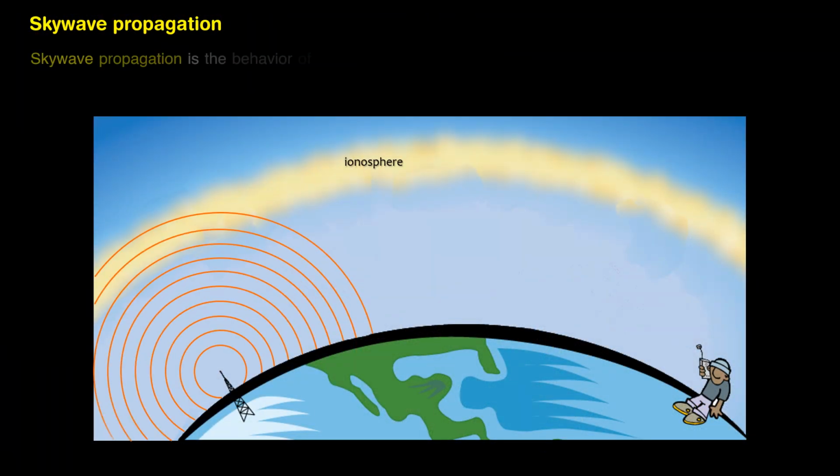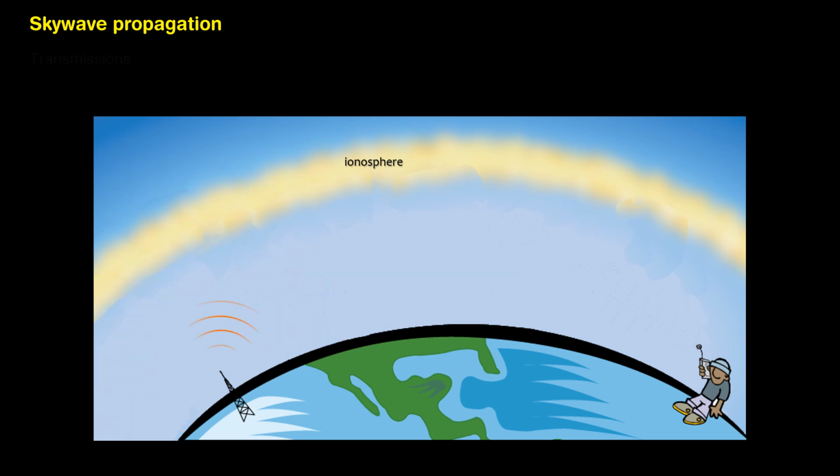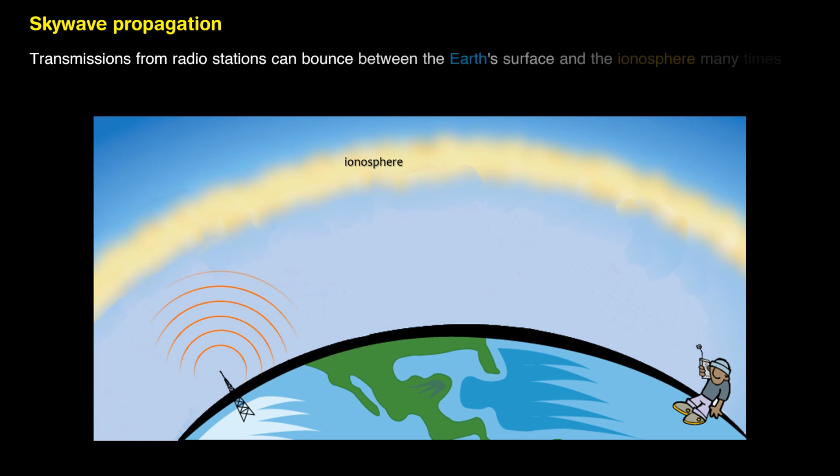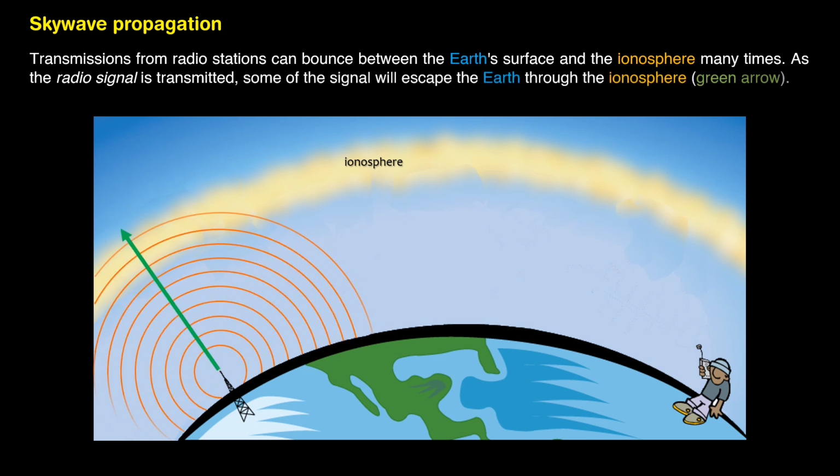Skywave propagation is the behavior of radio waves when they are transmitted through, or reflected from, the ionosphere back to Earth's surface. Transmissions from radio stations can bounce between the Earth's surface and the ionosphere many times. As the radio signal is transmitted, some of the signal will escape the Earth through the ionosphere, green arrow.